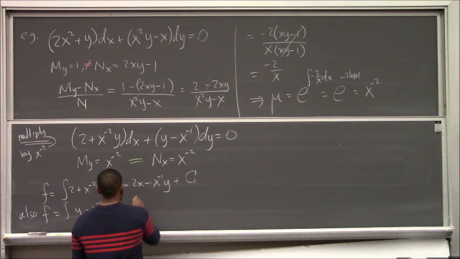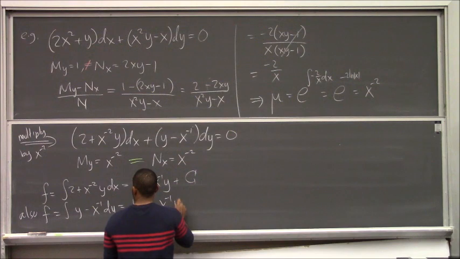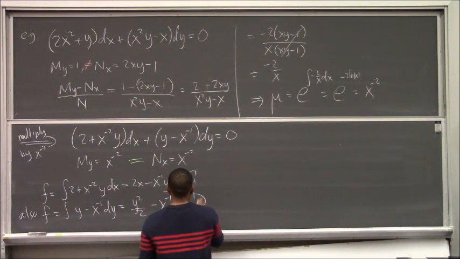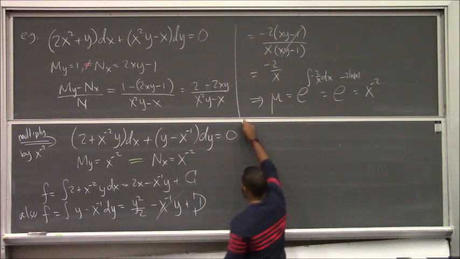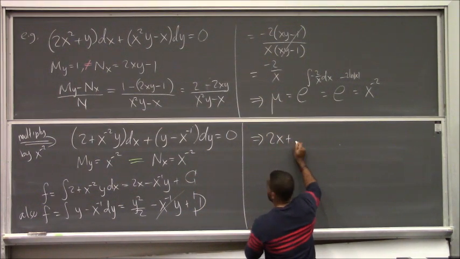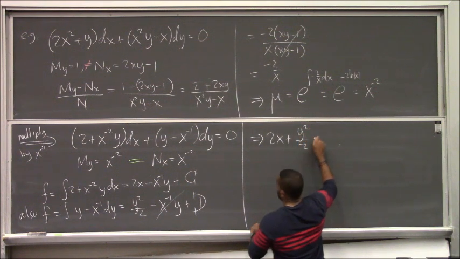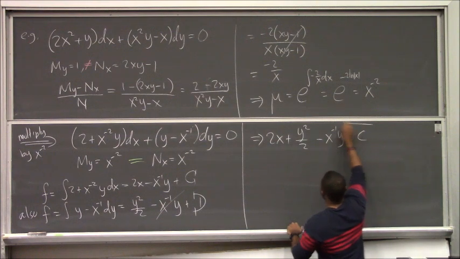This is going to be y squared over 2 minus x to the minus 1 y plus some other constant we don't care about. This guy is redundant, he's already on there. So 2x plus y squared over 2 minus x to the minus 1 y is our solution.